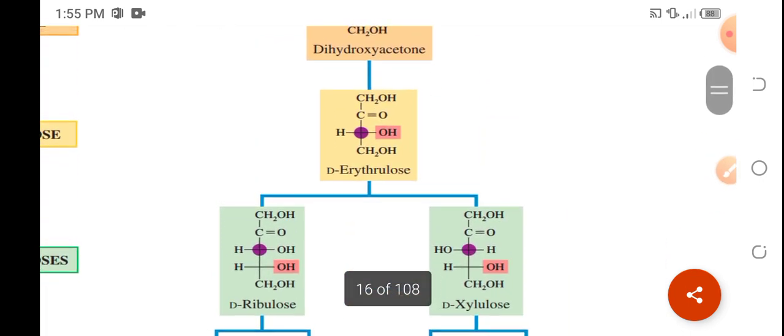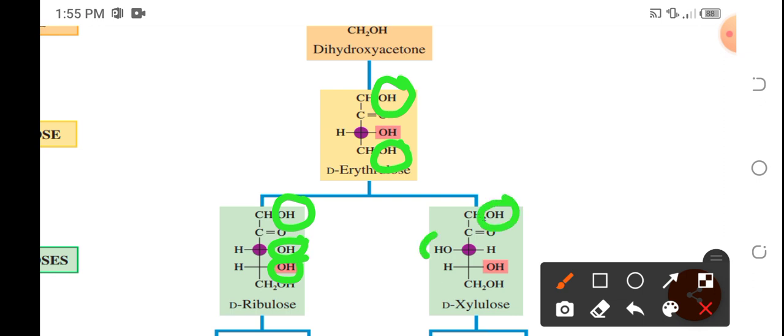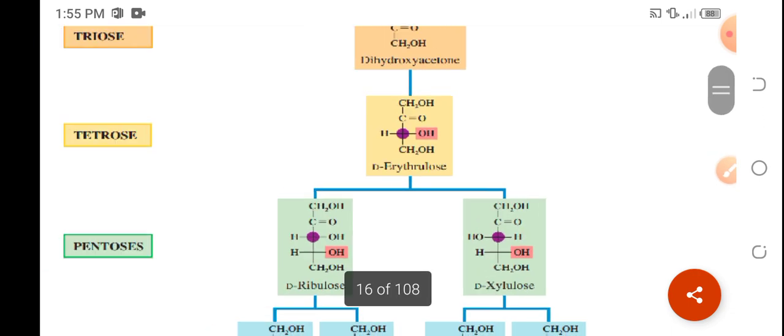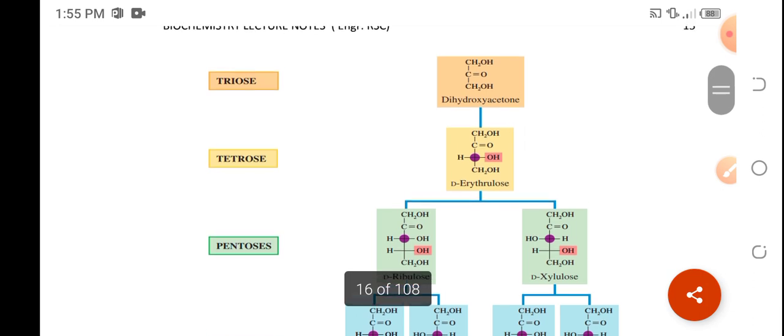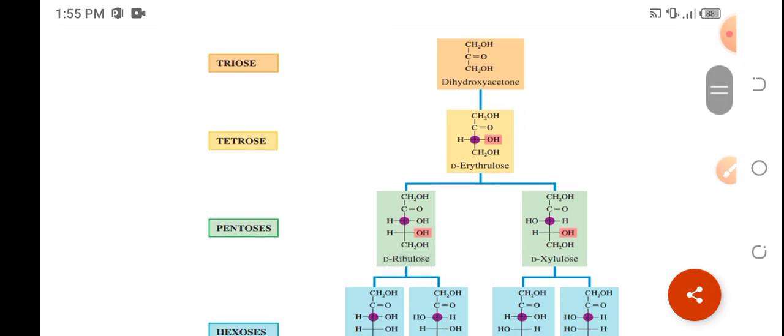Kasi kung titignan natin yung structure, madami pa ring mga hydroxyl group na naka-attach on this specific or individual monosaccharide. So, it still fit na ang definition ng carbohydrates are polyhydroxyaldehyde or polyhydroxy ketone. Okay? So those are monosaccharides.